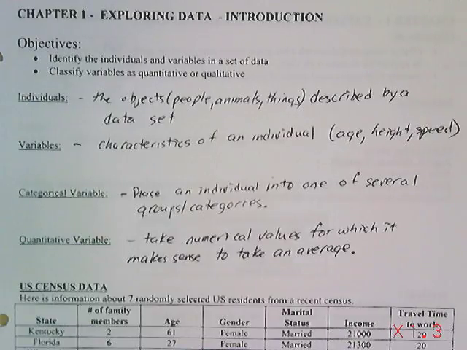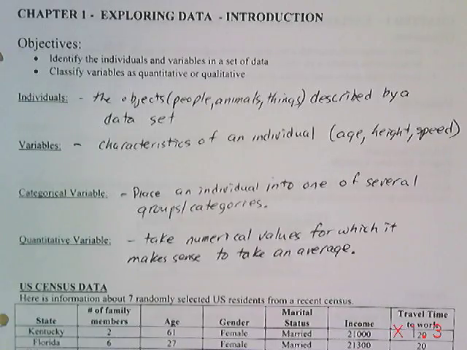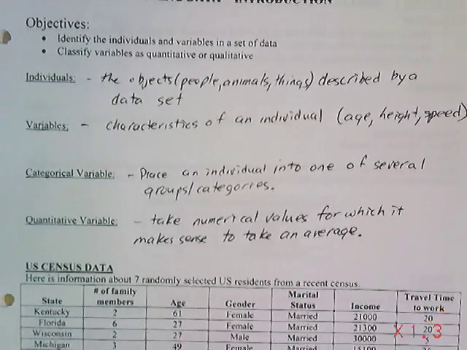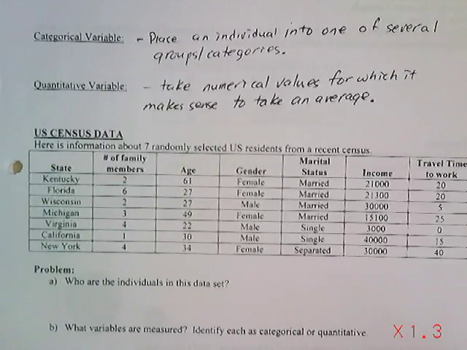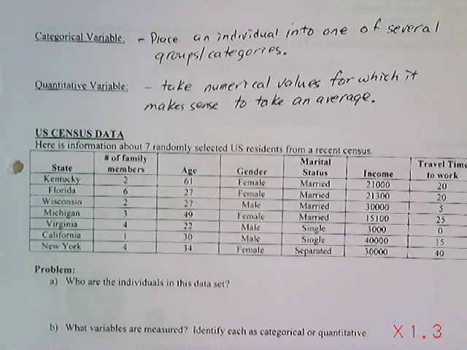What variables are measured and identify each as categorical or quantitative? Well, there are 3 categorical ones: state, gender, and marital status are categorical.